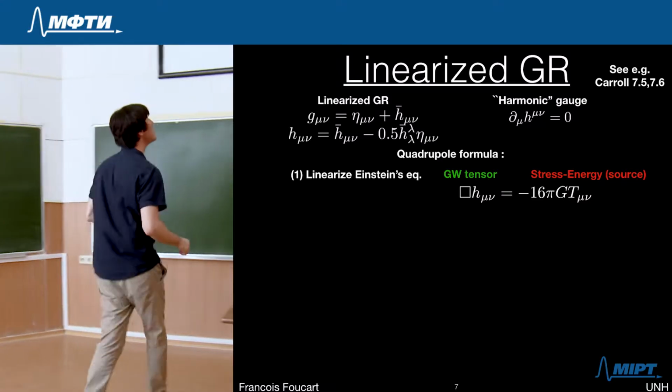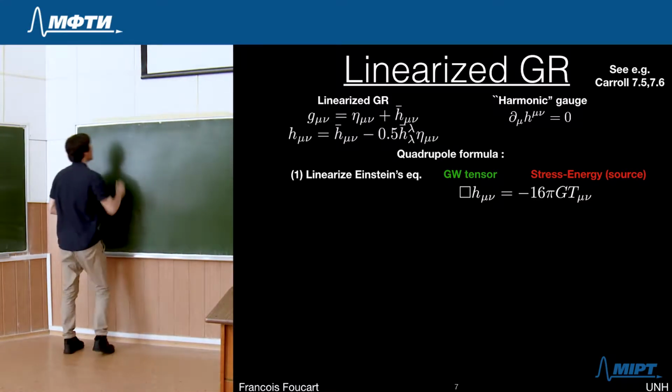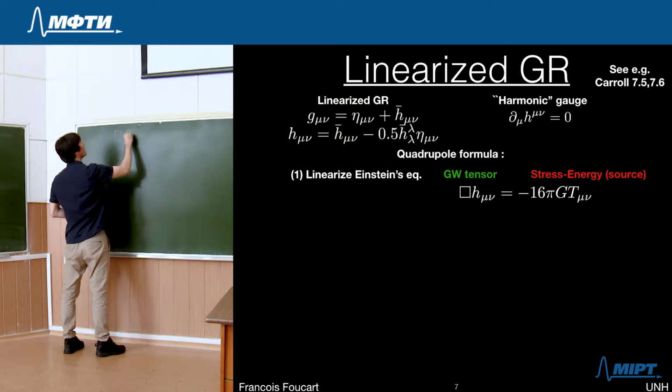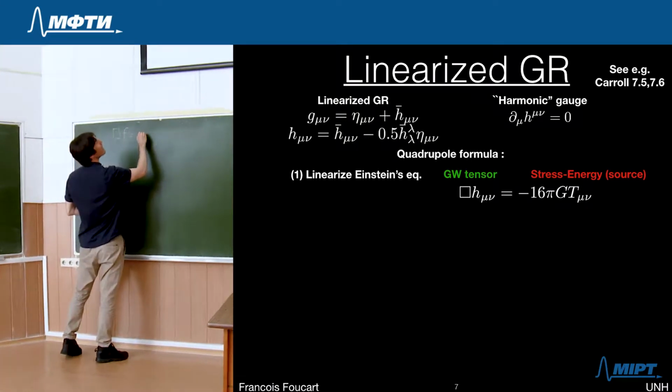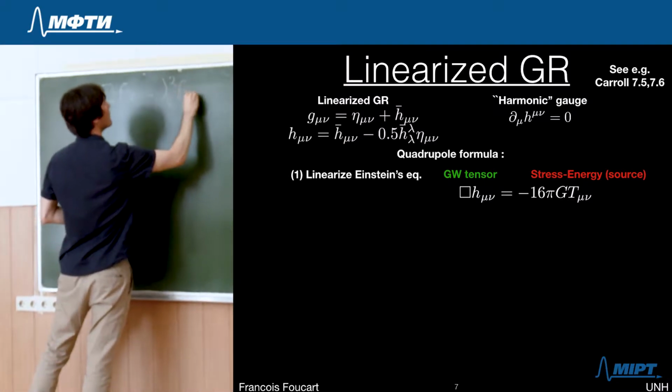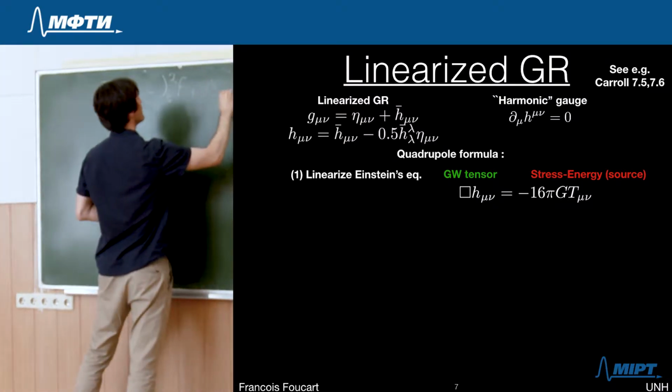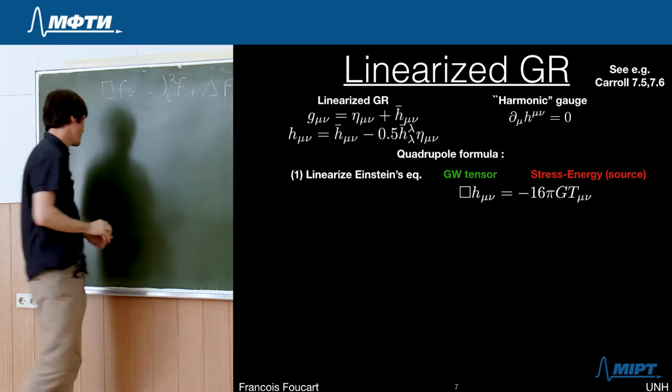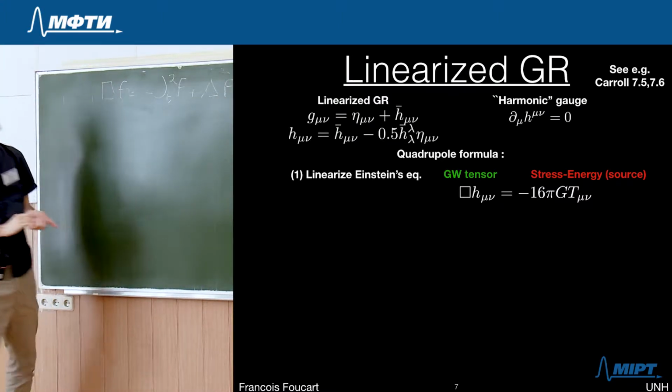So if you haven't seen that symbol before, the box symbol here is the wave operator in 3 dimensions, minus ∂t² plus the Laplacian.